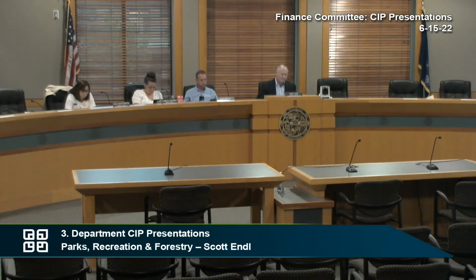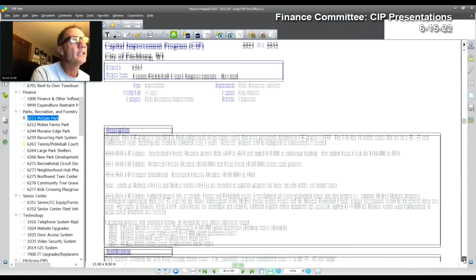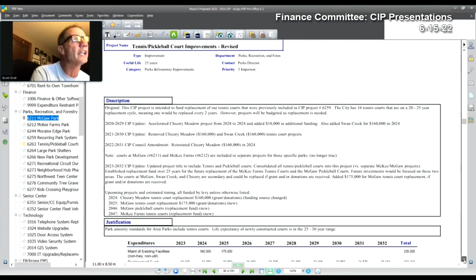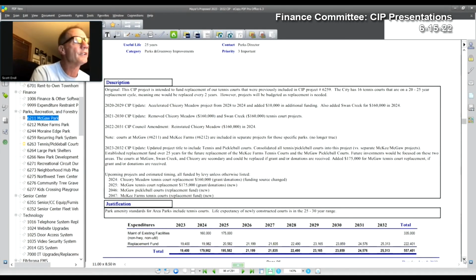Very good. Moving on. Well, and to that point, 6263 is the tennis pickleball court improvements, where the mayor has placed an annual allocation so that they can be replaced. He's identified 2046, the McGaw pickleball courts replacement fund, and 2047, so that 20 years out when we need to replace them, the dollars will be available to do those replacements.